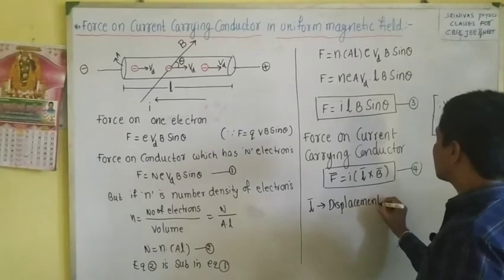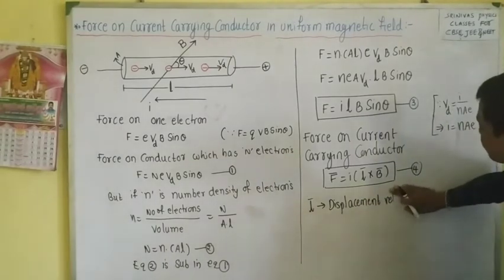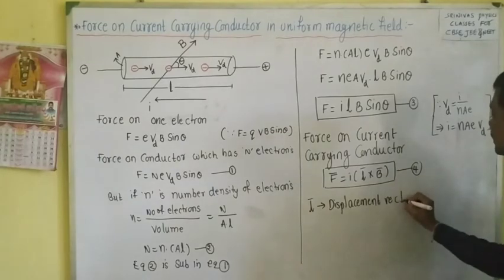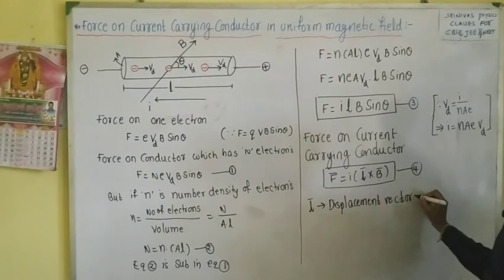Displacement vector. Or this is a length vector. Actually L is the length of the conductor. L bar is the displacement vector. It is the effective length. Okay.